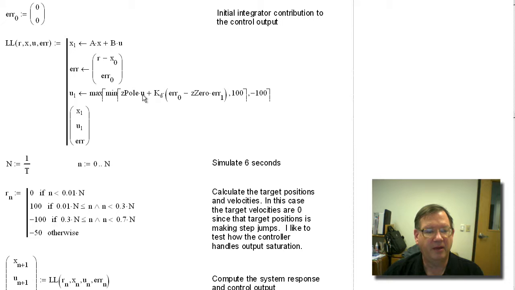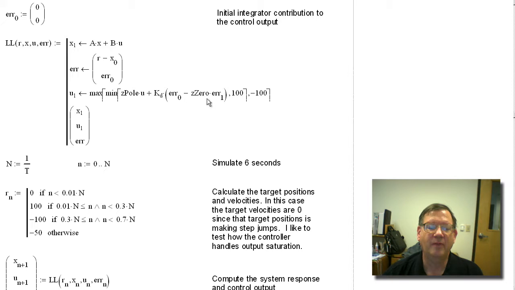We take the last control output, multiply it by the z-pole value, and then we take the gain and multiply it by the current error. This is almost like a proportional term, minus the digital 0 times the error before.